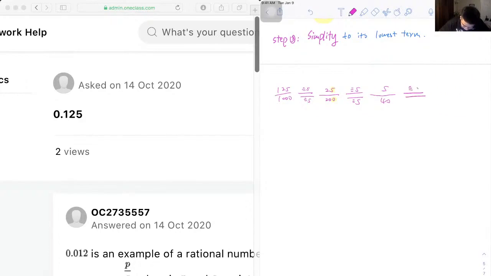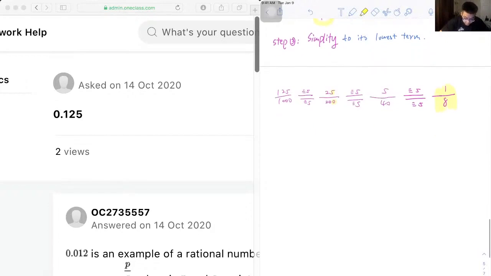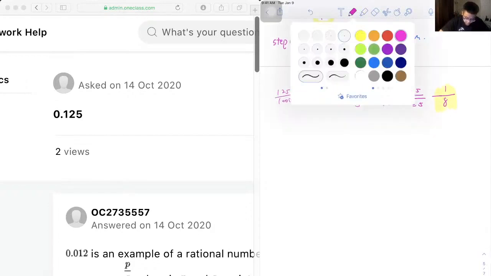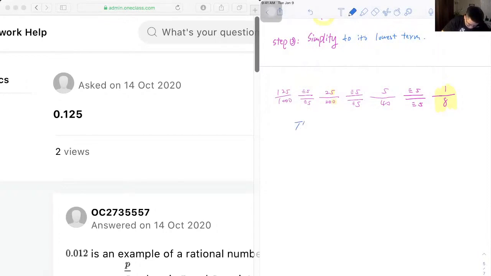So divide by 5, which gives us 1 over 8. And that will be our final answer. Okay, so we can write our conclusion. Therefore, 0.125 is equal to 1 over 8 in fraction.